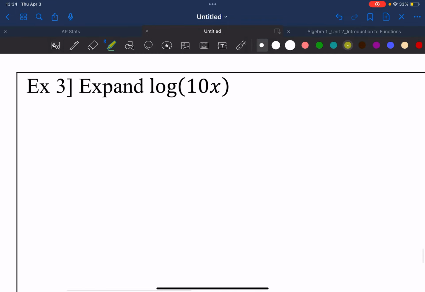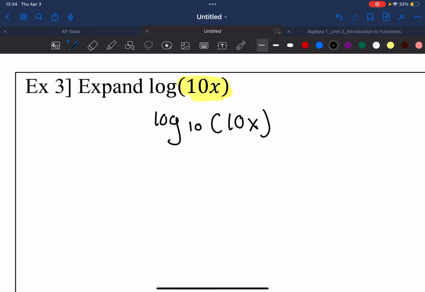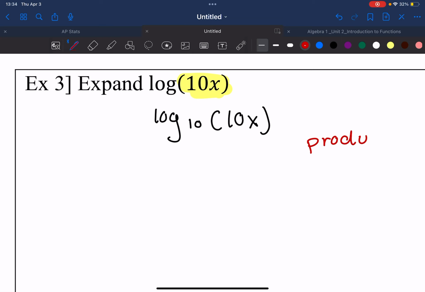Number 3, we have log of 10x. Remember, if we do not see a base for log, the base is 10. So I'm going to rewrite this as log base 10 of 10x. Since the 10 and the x are being multiplied, I know that I can use the product rule to expand it into addition.